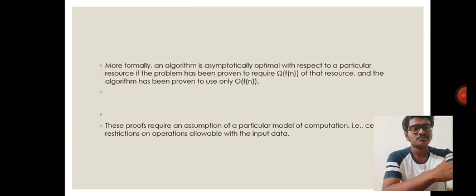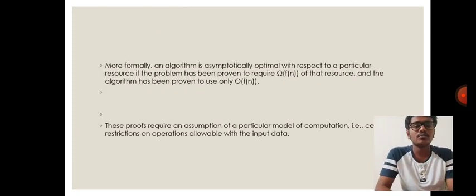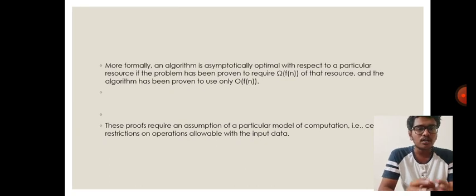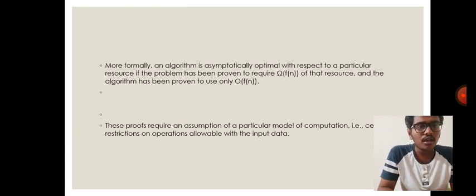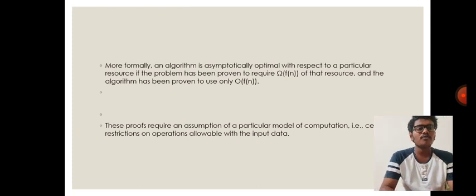More formally, an algorithm is asymptotically optimal with respect to a particular resource if the problem has been proven to require Omega of f of n of that resource, and the algorithm has been proved to use only big O of f of n.